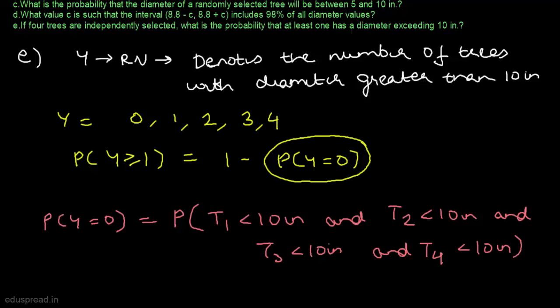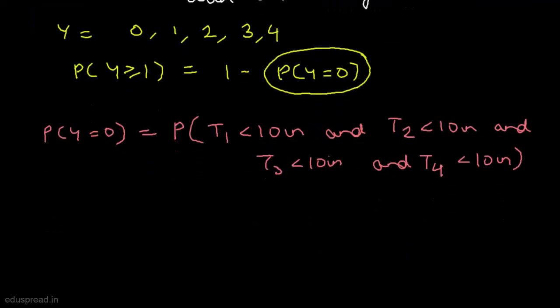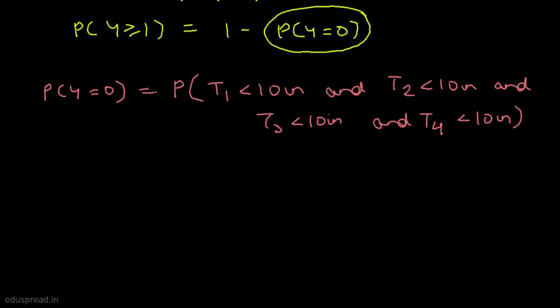So this is tree 1, tree 2, tree 3 and tree 4. All the trees should have diameter less than 10 inches. We are given in the question that we are selecting the trees independently, so we can multiply all these probabilities.